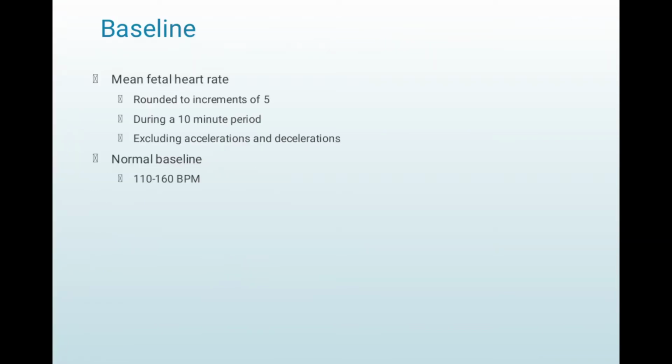The baseline is the mean fetal heart rate, rounded to increments of 5, during a 10-minute period, excluding accelerations and decelerations. The normal baseline is between 110 to 160 beats per minute.